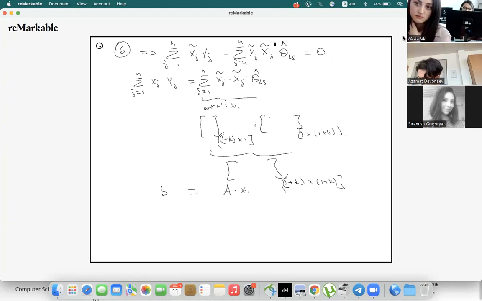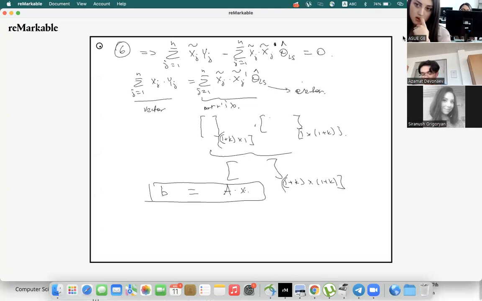X is theta LS, A is this matrix, and beta is this scalar. Y is a scalar, and it multiplies this vector, just a vector.